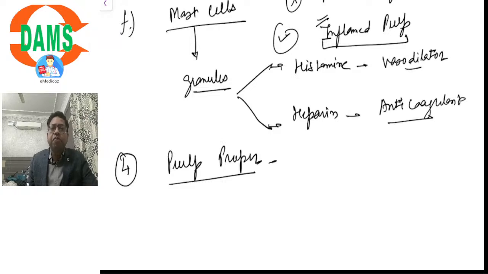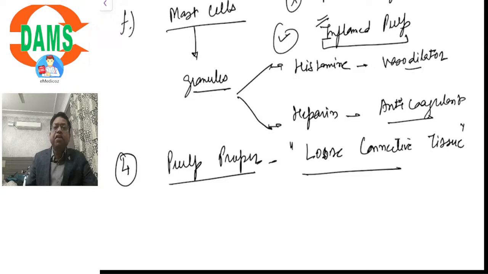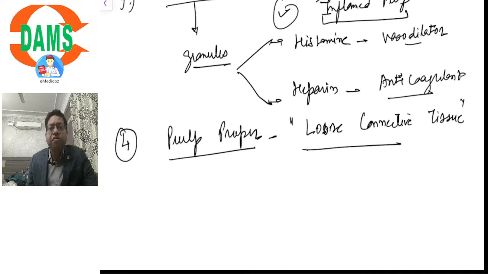So basically, what type of connective tissue is pulp? Pulp is a loose connective tissue. So if we have to classify dental pulp as to what type of tissue it is, then we would say it is a loose connective tissue.